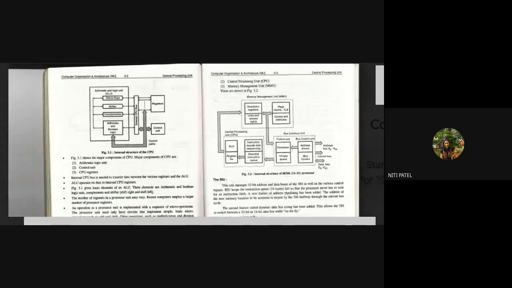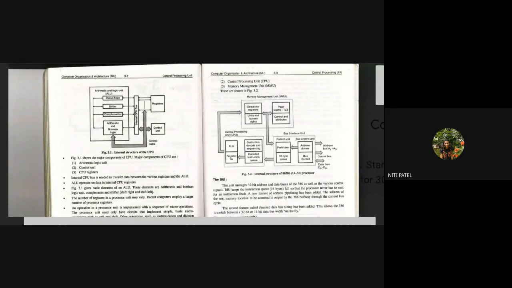After that, where will the result be stored after it is executed by the ALU? Can you see the arrow going to the memory management unit? So after the execution is done, your result will be stored in the memory. What is that memory? Your memory is either the paging concept or the segmentation concept.